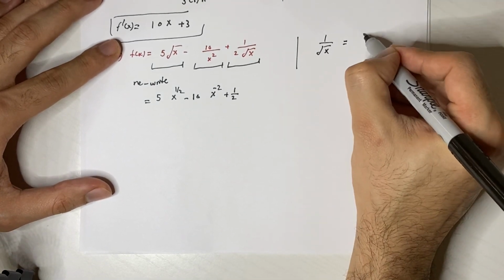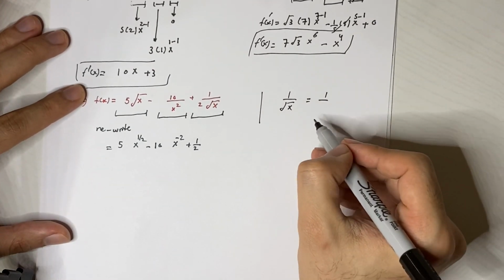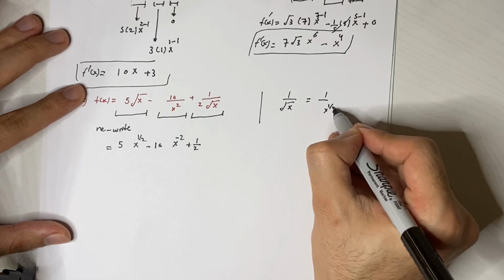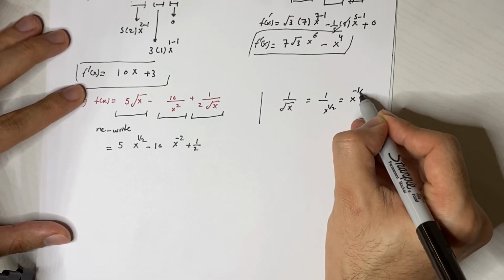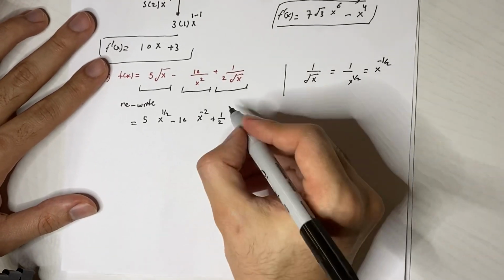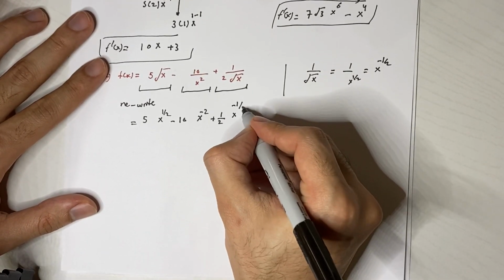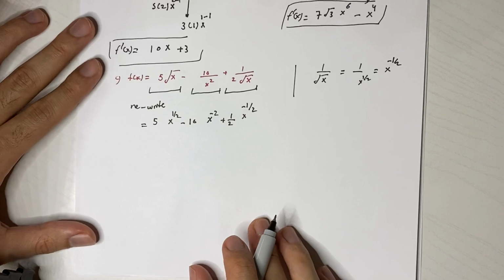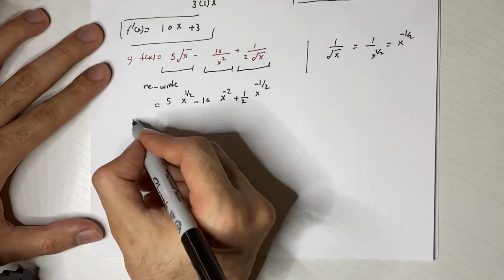So we can rewrite 1 over the square root of x as x to the -1/2. Now we can just move that term in here, and we are ready to apply the power rule.